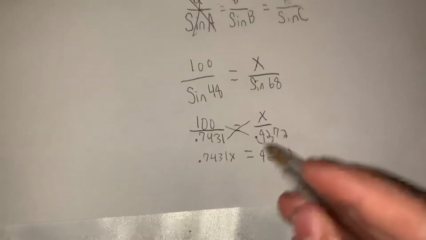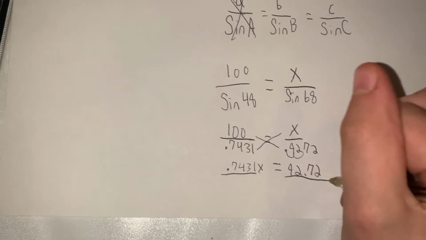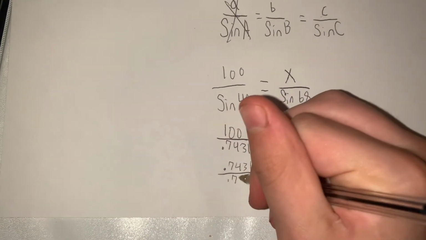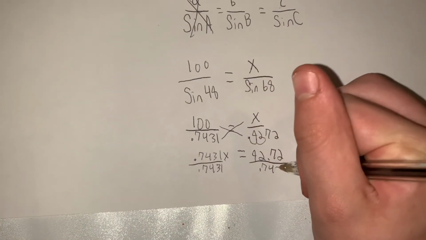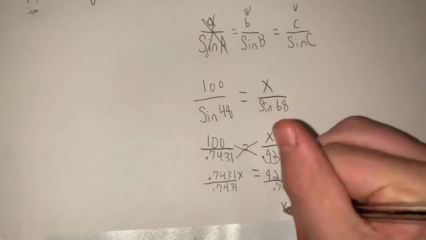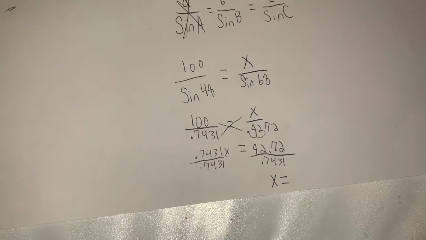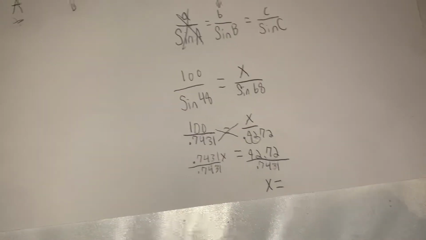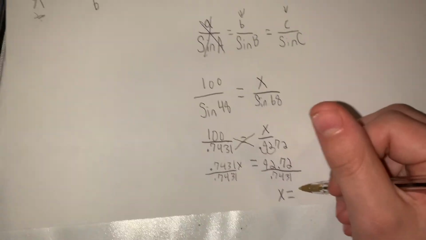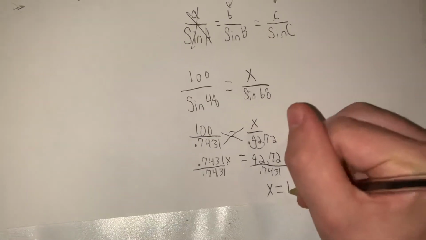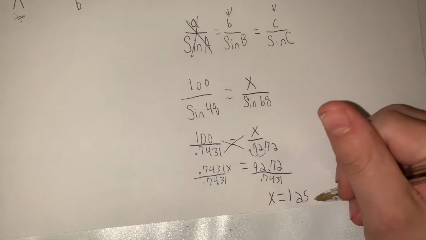So now we're on to the algebra part of it, and we can just divide both sides by 0.7431, and then we will have x solved for. And after dividing that, we end up getting 124.7, but that can be rounded up to 125 feet.